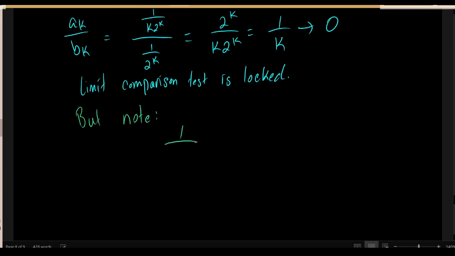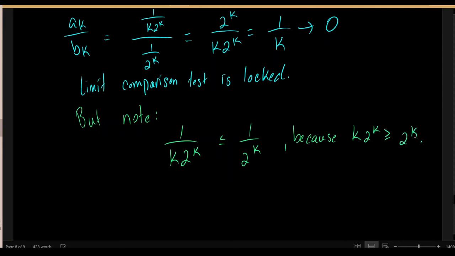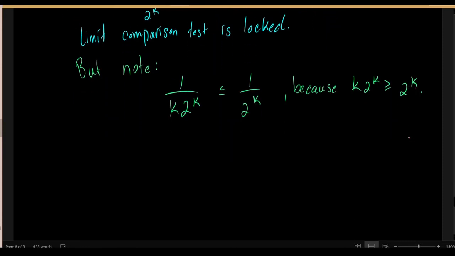Note that our sequence 1 over k 2 to the k always has to be less than or equal to 1 over 2 to the k, because our denominator is always going to be larger than the comparison sequence 1 over 2 to the k. As a result of that, our series is smaller than a convergent series.